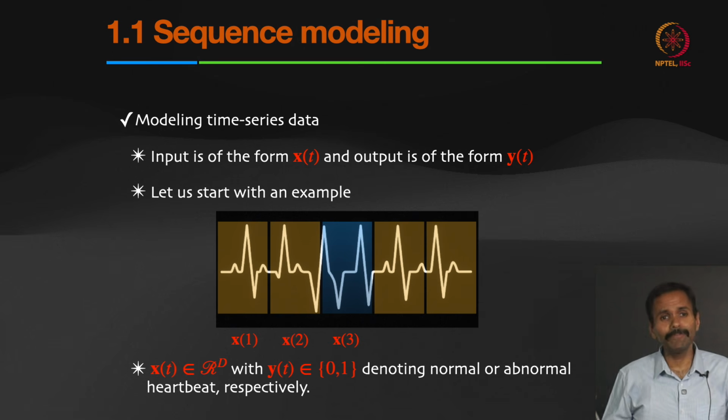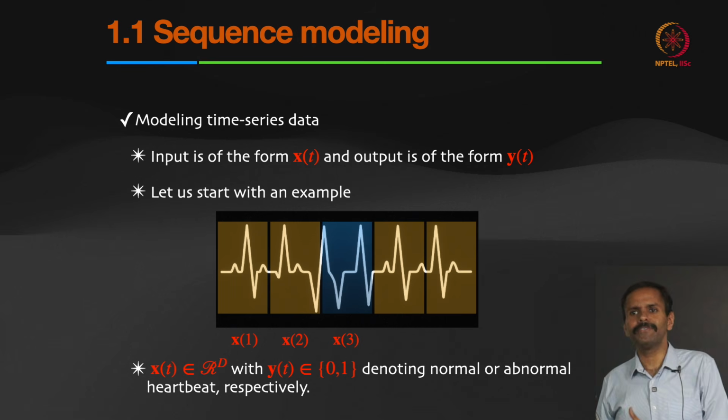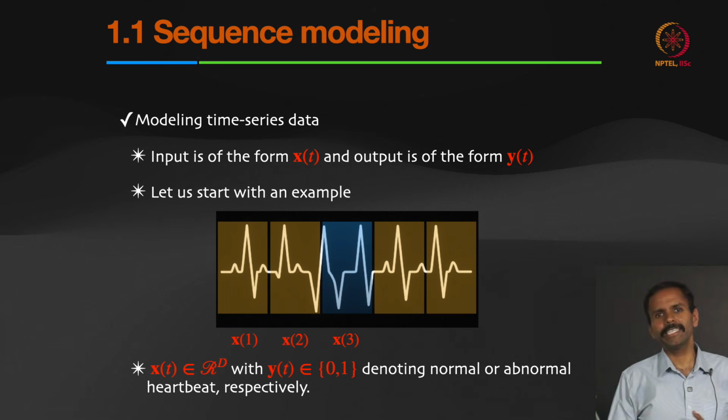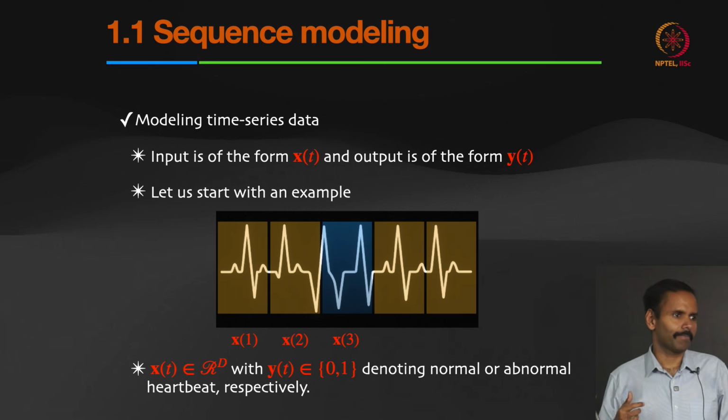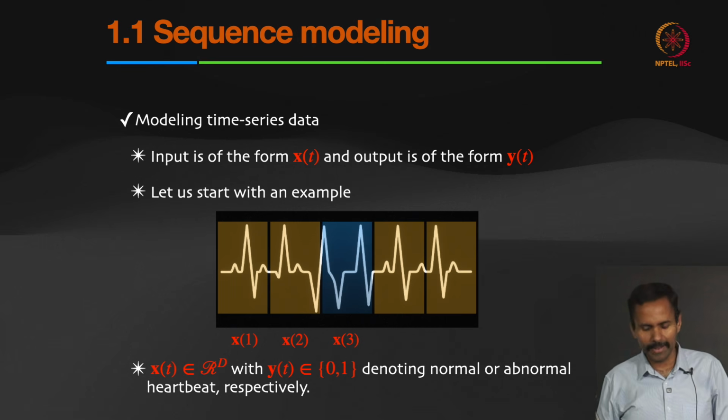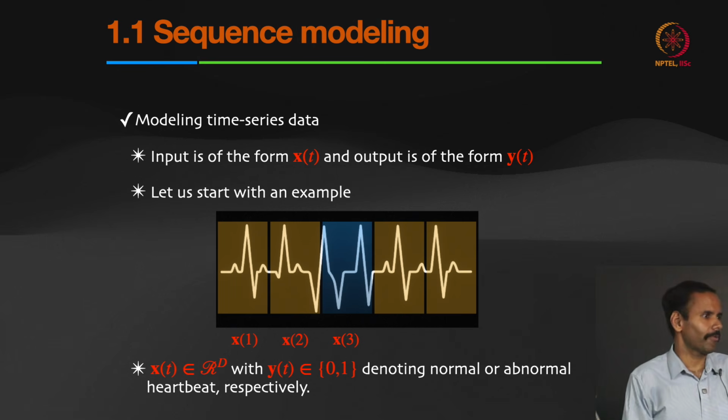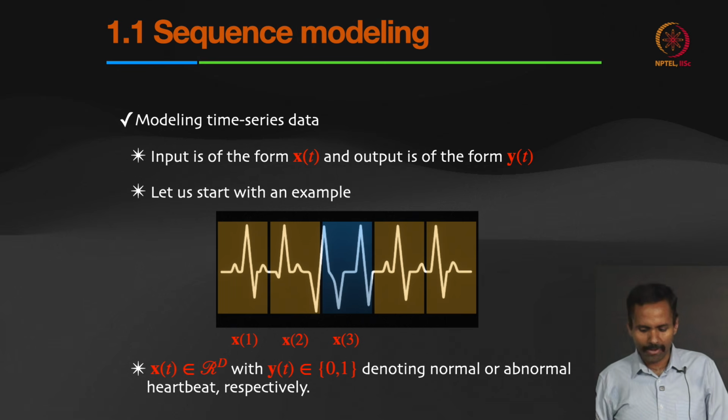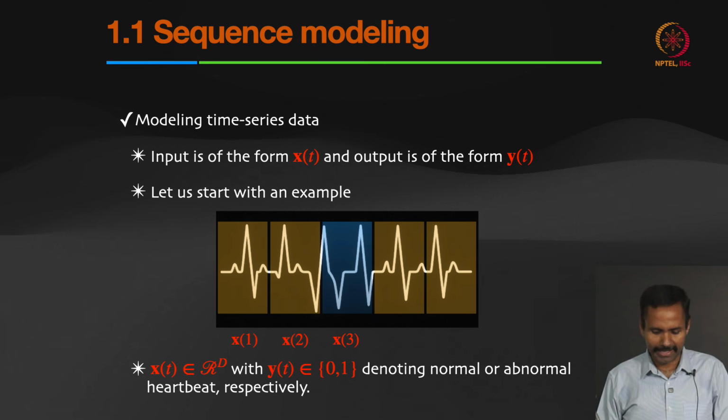So then you have a simple binary classification to deal with: for every window in time for which you have features, you also have the corresponding labels, right? And the label is a binary label. 0 corresponds to normal heart activity and 1 corresponds to abnormal heart activity, right?